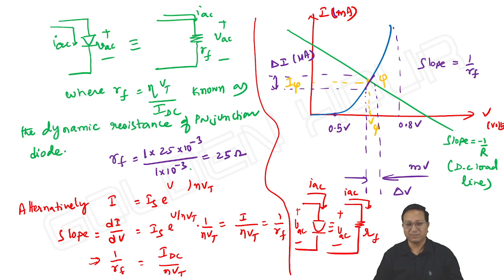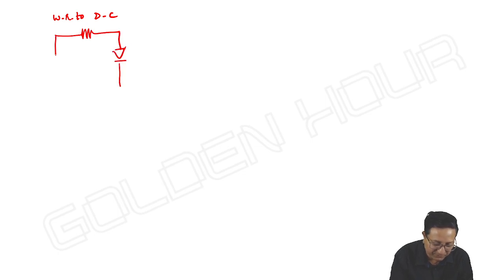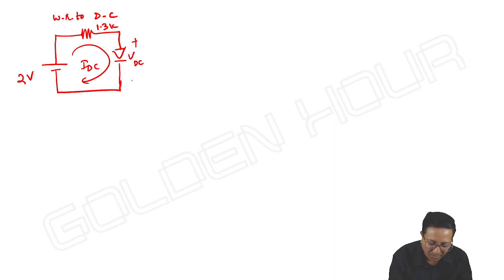What is the representation of the diode with respect to small signal? Further, how do we find this? Now, what can we write with respect to DC: 2 volts, 1.3 kilo ohm, and IDC and VDC.